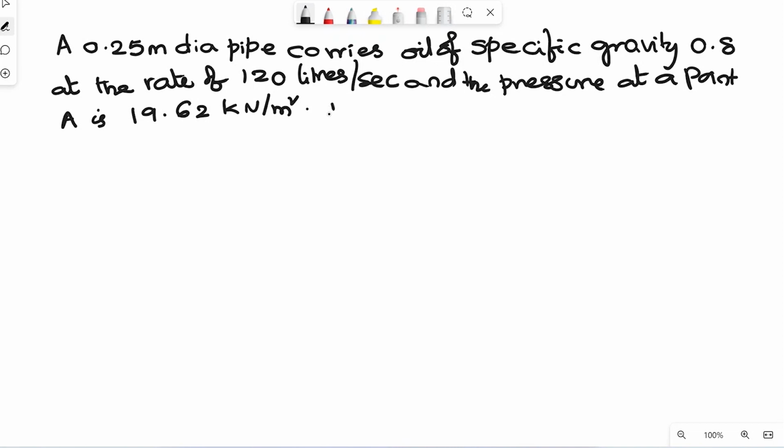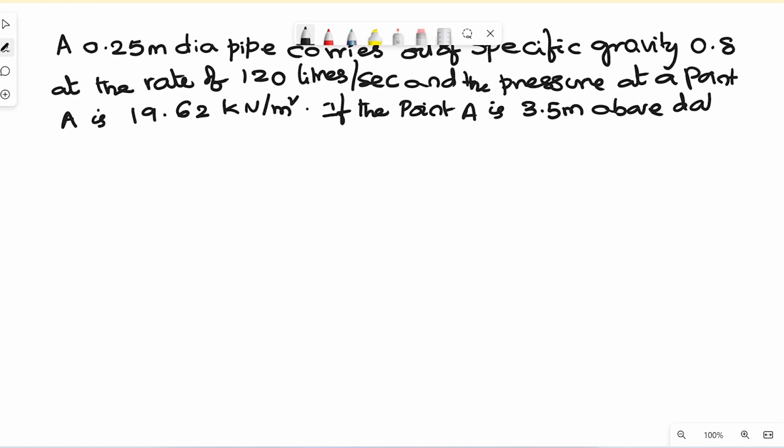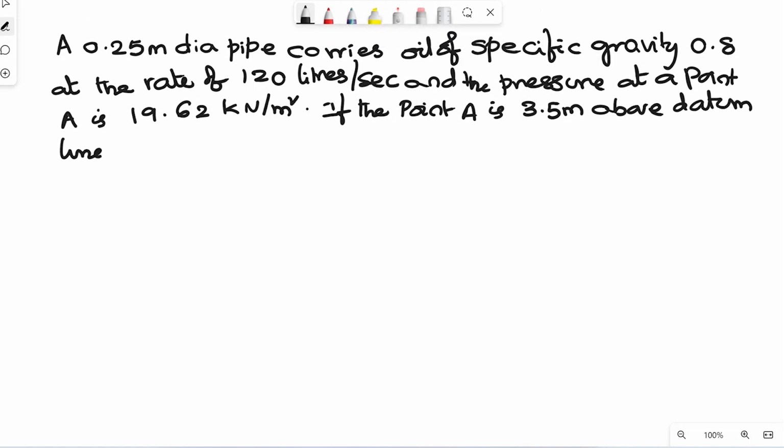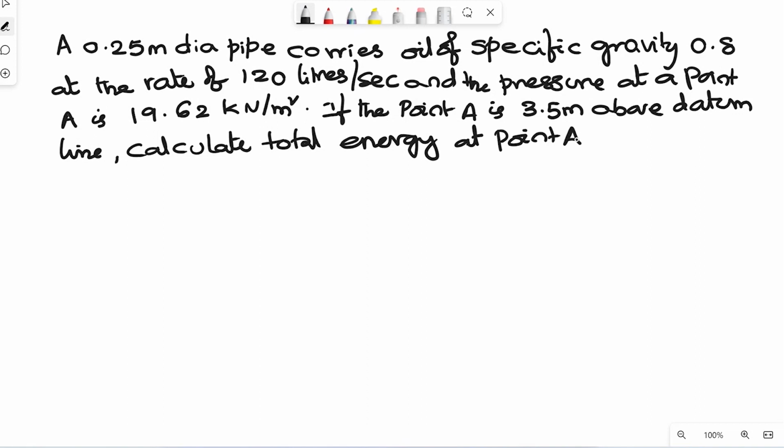If the point A is 3.5 meters above datum line, calculate total energy at point A in meters of oil.